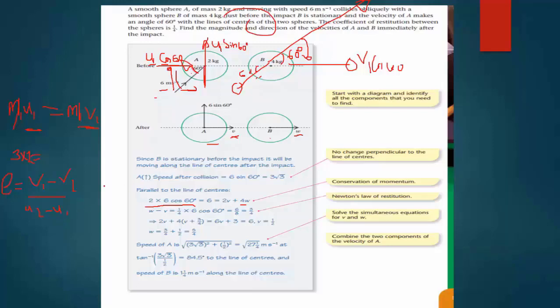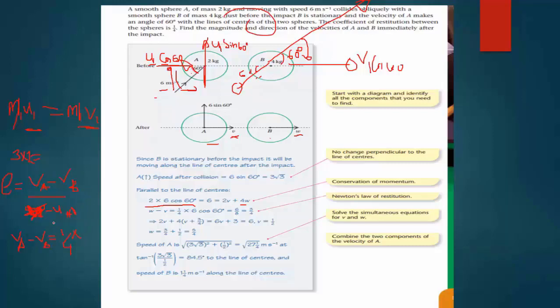Remember, initially, if we say now this is A, this is B. Initially, for body B there was no velocity. Okay, that therefore leaves velocity of A minus velocity of B as 1 over 4 times velocity of A alone.